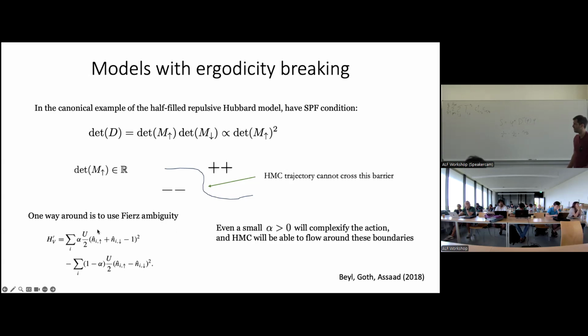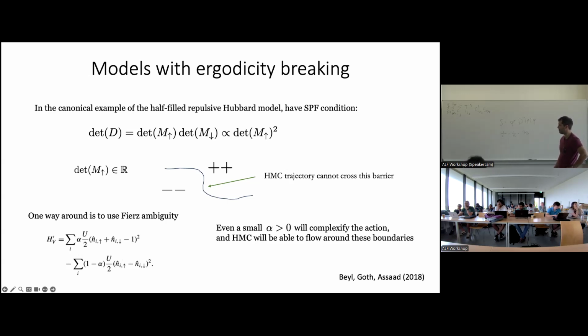You take the Hubbard interaction and decouple it into the spin channel that you used previously, but with some weight 1 minus alpha, and then also in the charge channel that you don't want to use, I guess, if you have a sign problem, with some weight alpha. And alpha is some number between 0 and 1.